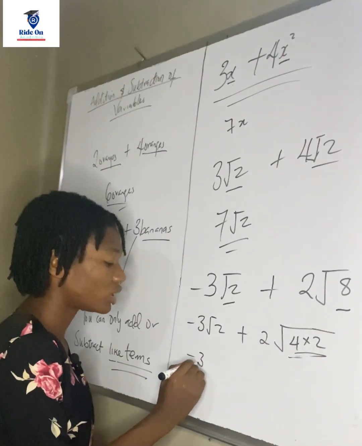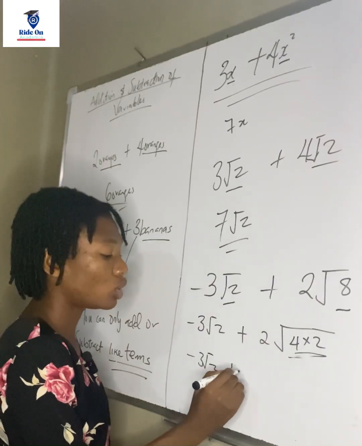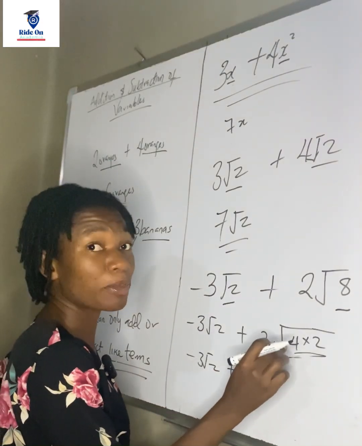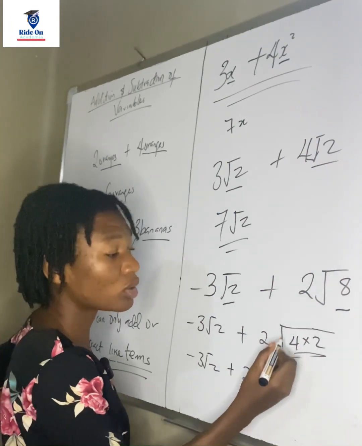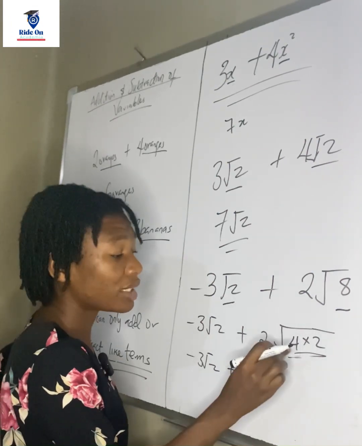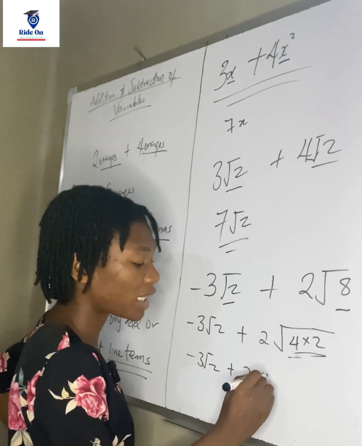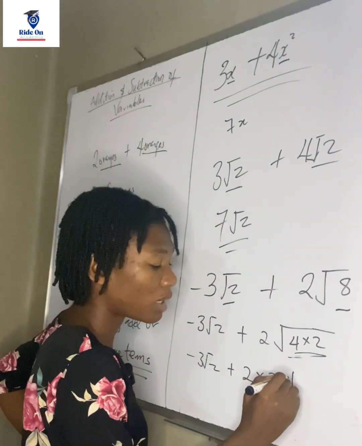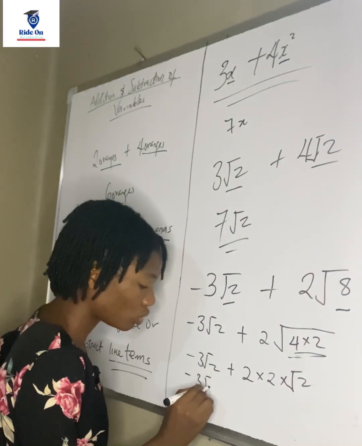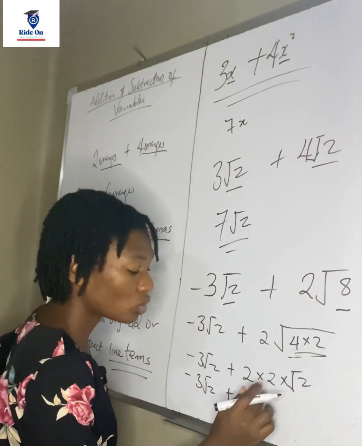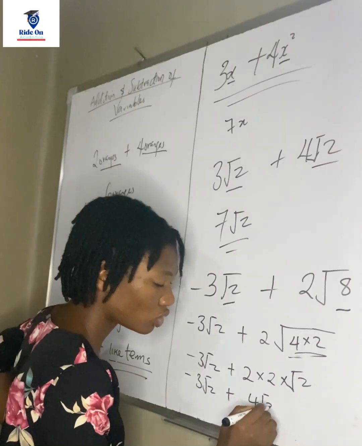So we have 4 times 2 in our surd, and then we have minus 3 root 2 plus 2. Now 4 is a perfect square, so it can come out of the square root, and the square root of 4 is 2. So we have 2 times 2 and then multiply by root 2. So we have minus 3 root 2, and 2 times 2 will give us 4 root 2.